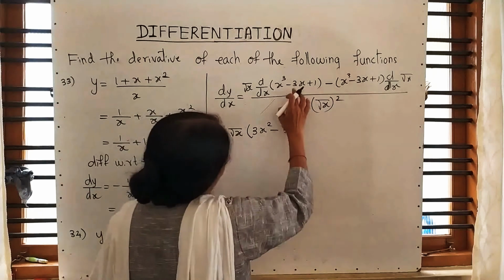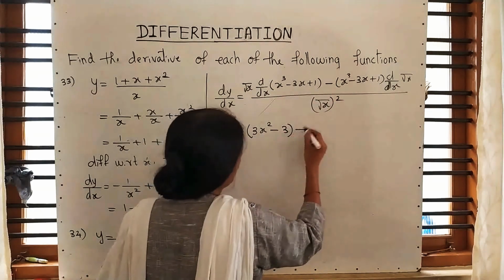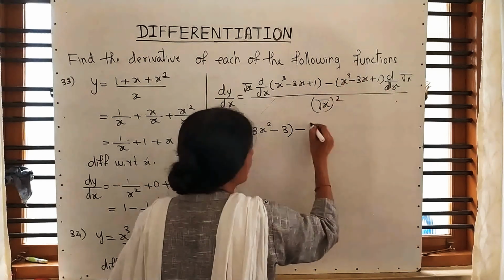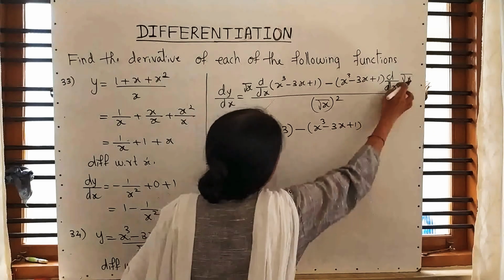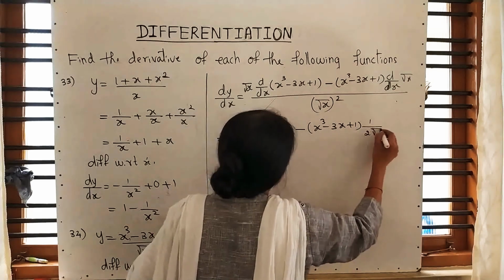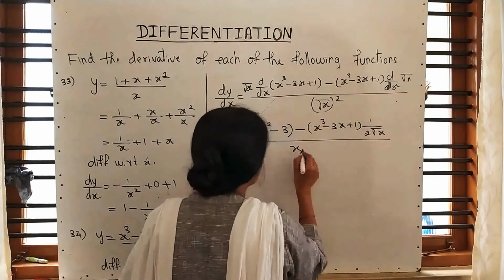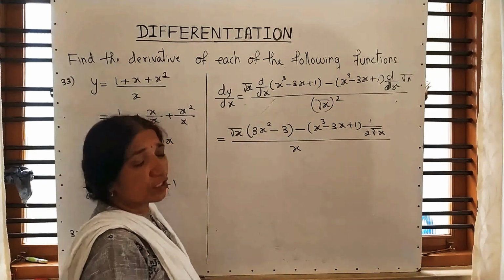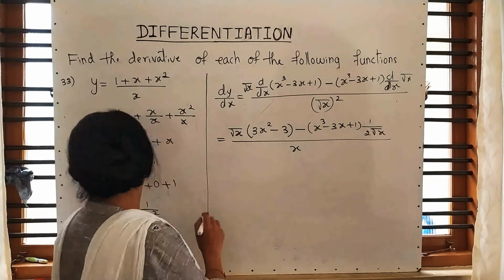No need to write that 1, because 3 into 1 is 1 and differentiation of 1 will be 0. Minus. Now this is before differentiation, keep as it is. And differentiation of root x is, here root x whole square is x. No need to remove the bracket and simplify. The terms do not get cancelled anywhere, so keep as it is.